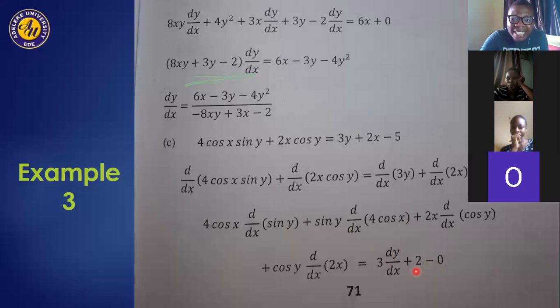But when we differentiate 3y, the y cannot cancel the x. That's why we still maintain dy/dx in front of 3, unlike here, where we did not have 2 dx/dx, because the x already cancelled the x. Anita, did you get that part now? Yes, sir. Good. So let's move forward, guys.